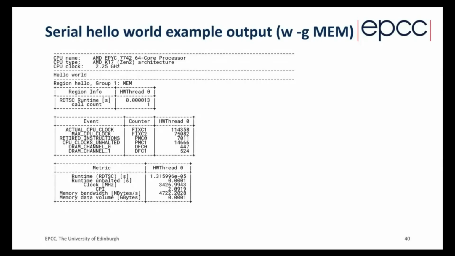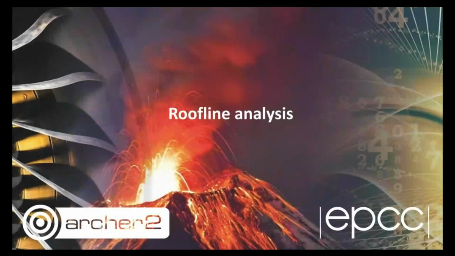We would see some DRAM traffic for the MEM output, and memory bandwidth and data volume as summary at the bottom. This shows only a single thread as a serial application, but if it was a multi-threaded application, there would be different thread summaries for each. So this is a quick overview of the Marker API.